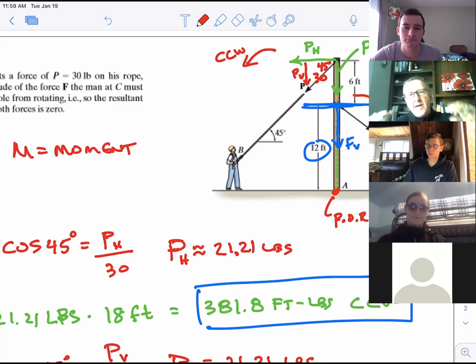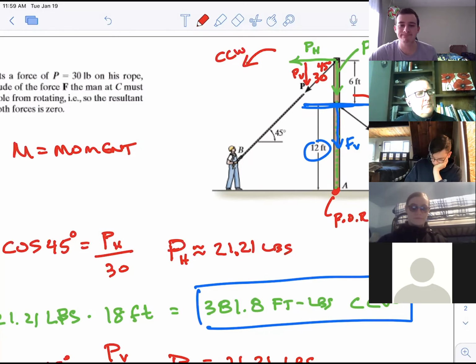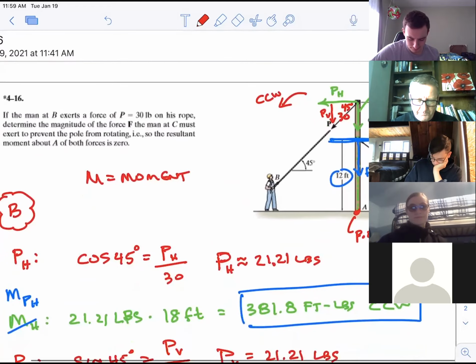Now his angle's a part of that too, the angle he's pulling at and so forth, but his rope's attached a whole lot shorter, so he's got to pull harder to achieve the same thing. How does that feel? I think I've answered the question now.